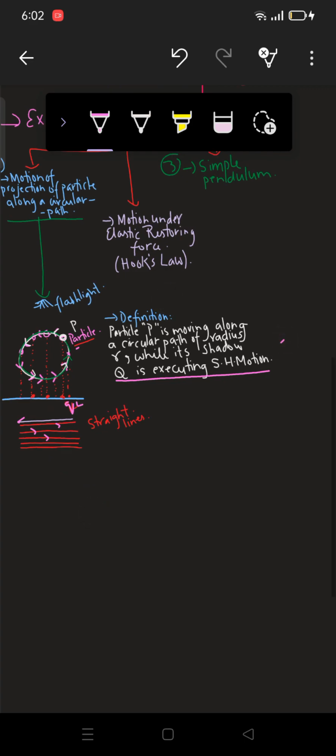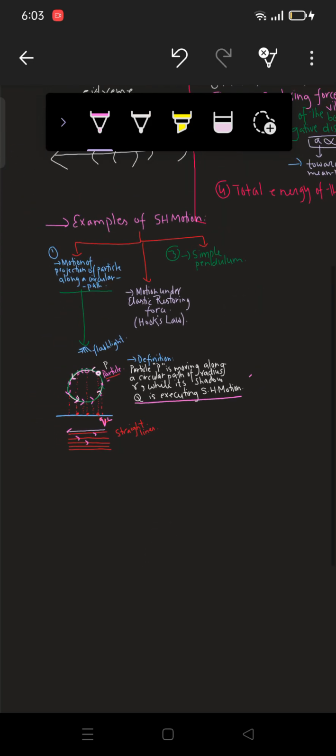What this definition says is: particle P is moving along a circular path, which means there is a particle, which we have named P, that is executing uniform circular motion, while with the action of the uniform circular motion it is producing a shadow, a projection, and that projection, that shadow, is executing simple harmonic motion.